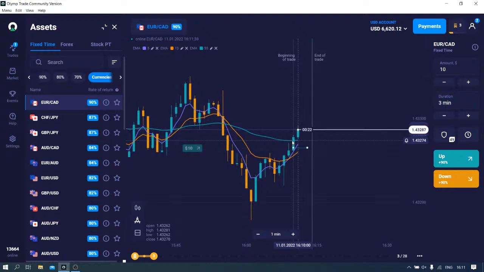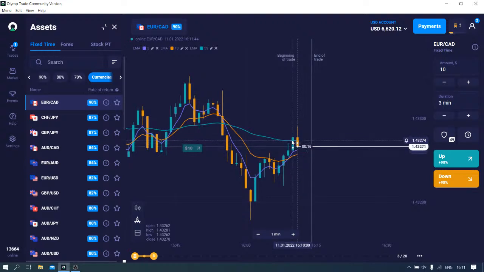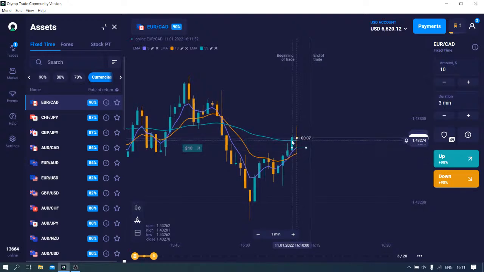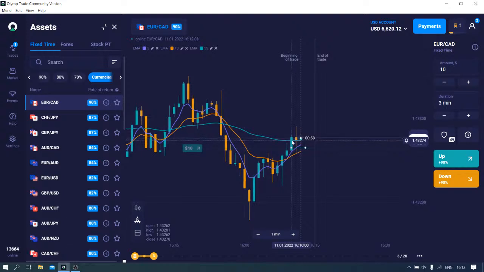Which type of trade is less risky, FTT or Forex? Well, there is no best option. Both of these trading modes are decent and available for trading. If you prefer to hold your trades for a longer period of time, then welcome to Forex.